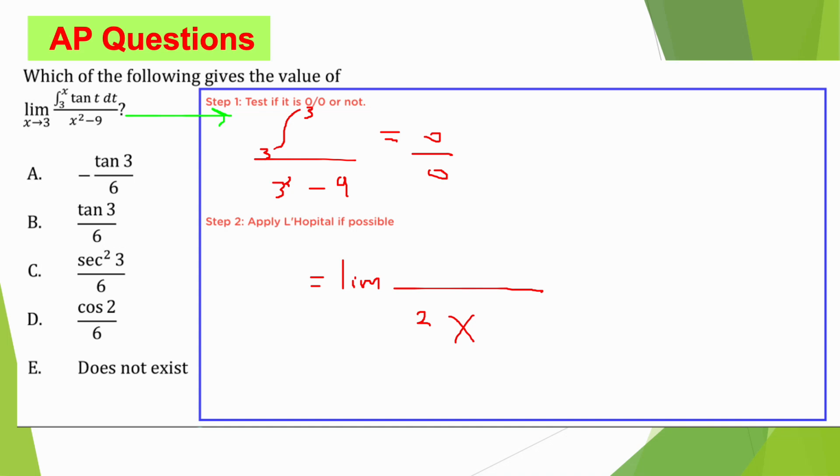The derivative will cancel the integral, and it will be only tan x. Then after that, I solve the limit as a normal limit when x goes to 3. Then when I replace, it will be tan 3 over 6.